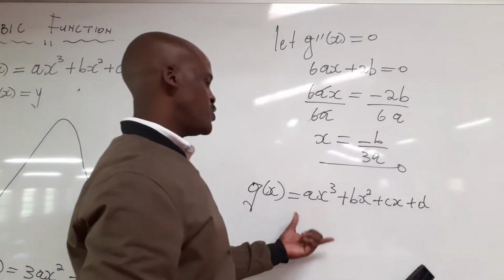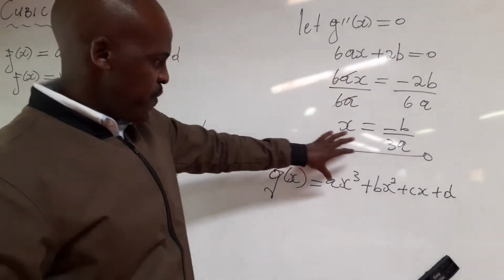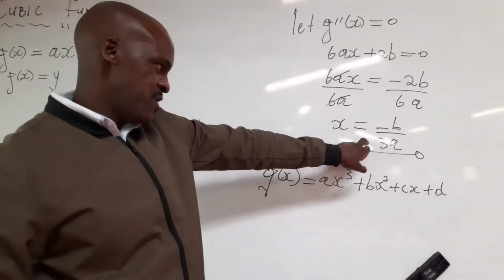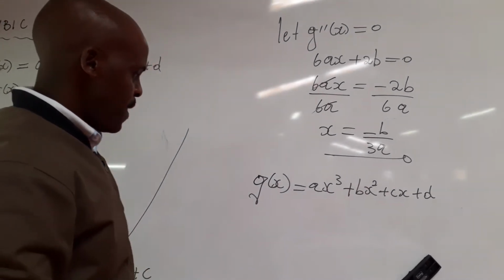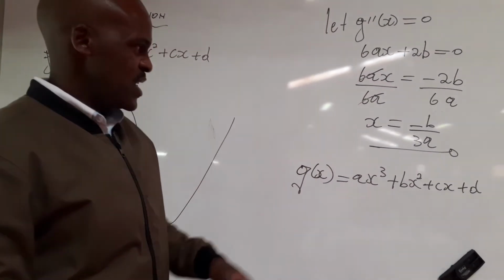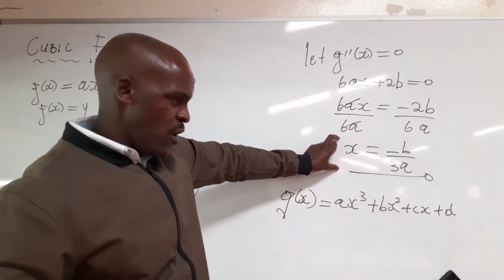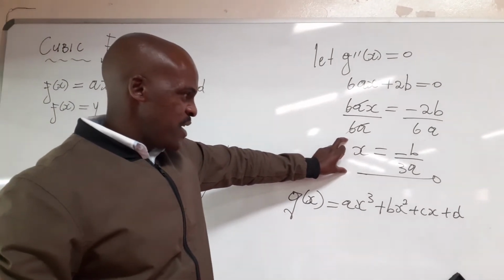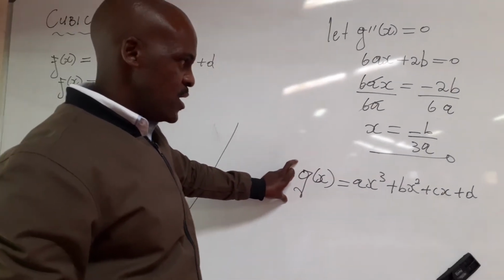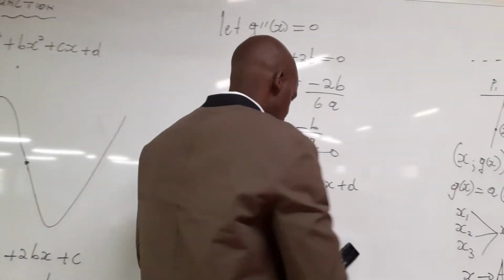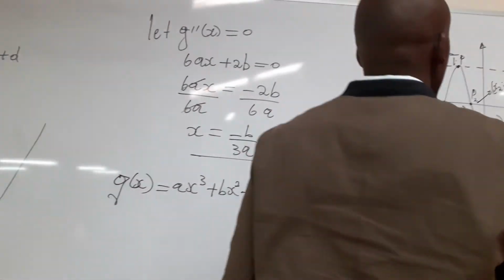That's the equation you are going to use to find the y value using that value of x. That will give us our point of inflection. The key thing here is that always after finding the value of x, for you to find the value of y, you go back to the original equation.